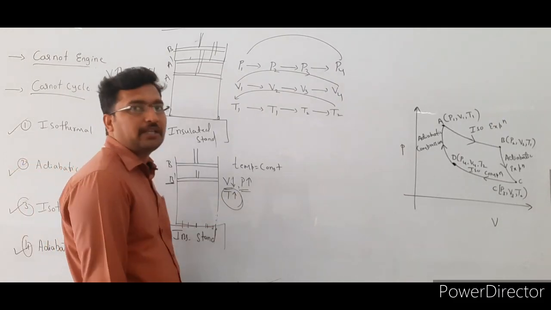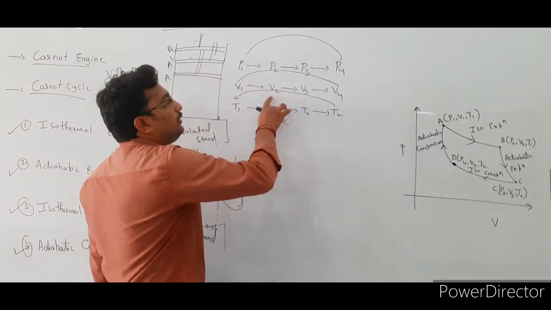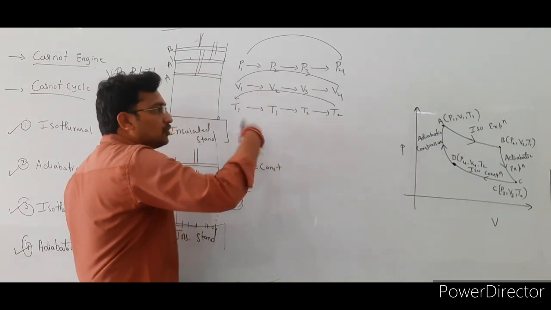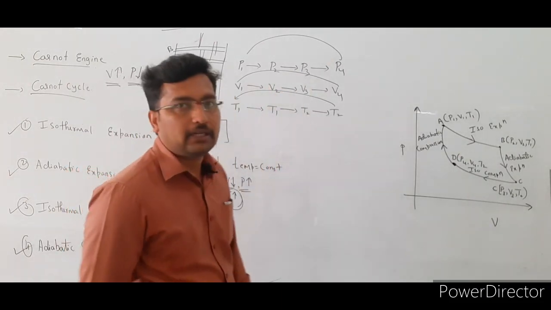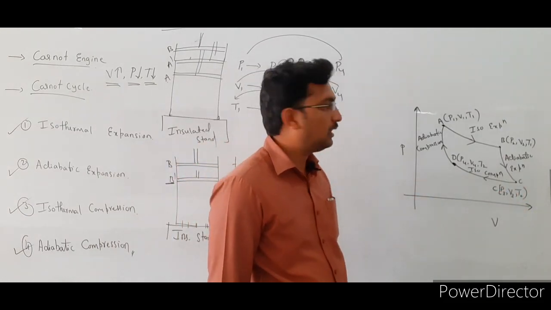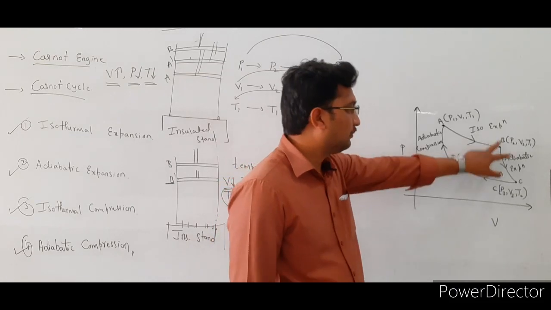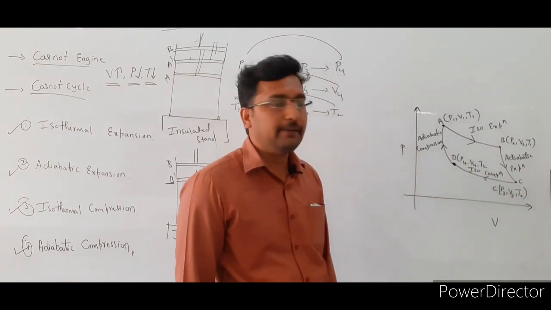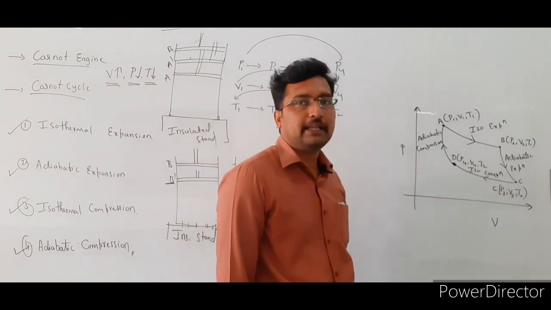The state of the system changes from P2 to P3, V2 to V3, and the temperature changes from T1 to T2. This point C in the PV diagram represents the state of the system, and the curve BC indicates the adiabatic expansion.